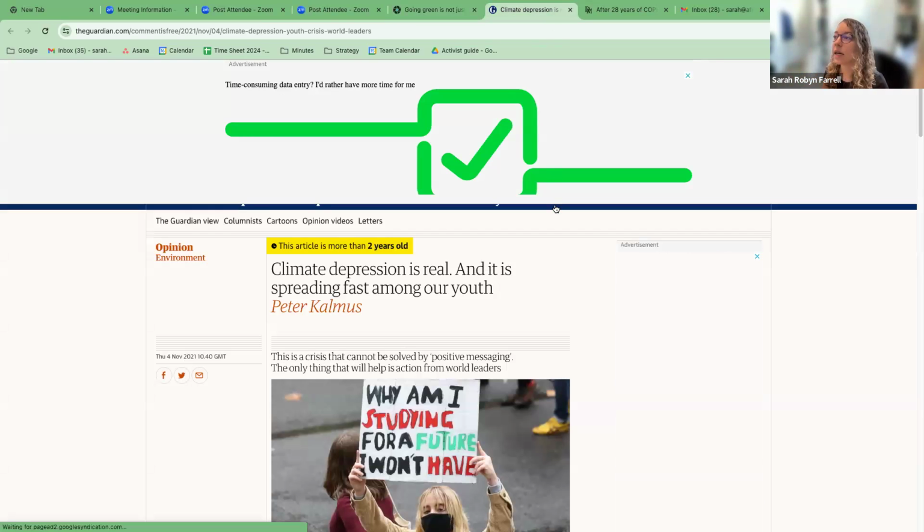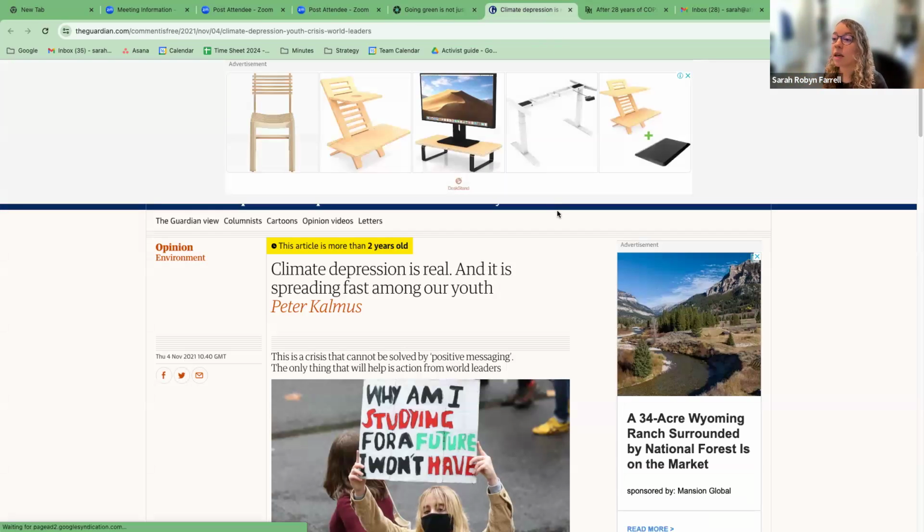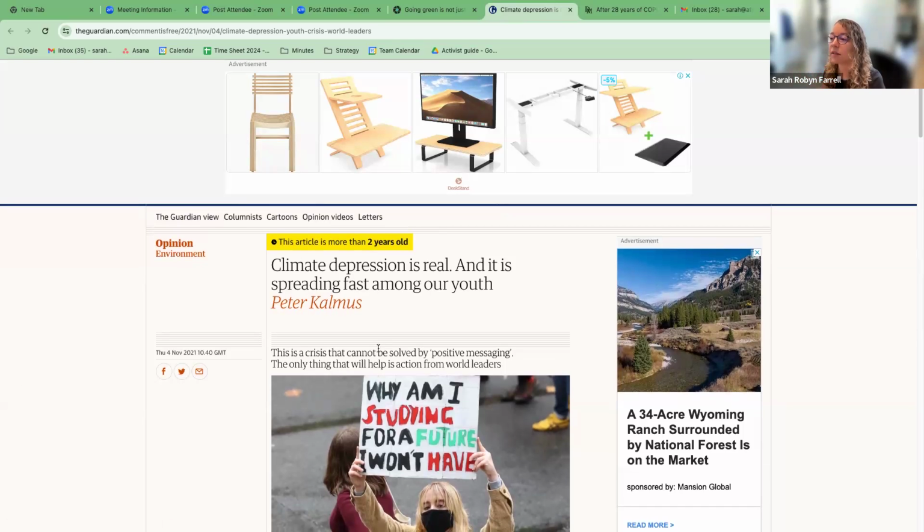Another example here we have in The Guardian. Again, you see it is opinion and environment, showing that it is part of the opinion section. And this topic covers climate depression. So you'll start to see that with op-eds, often the titles are very descriptive.